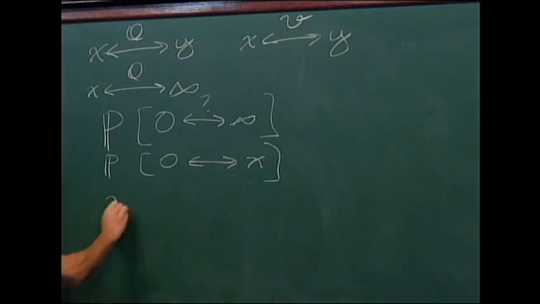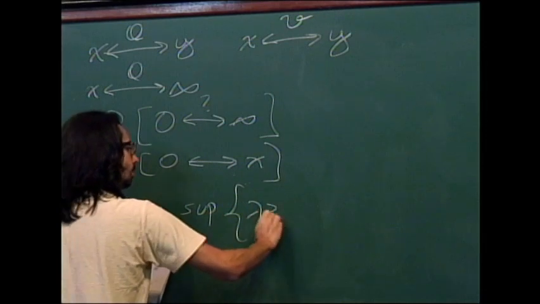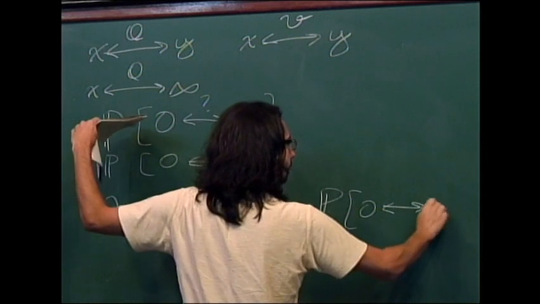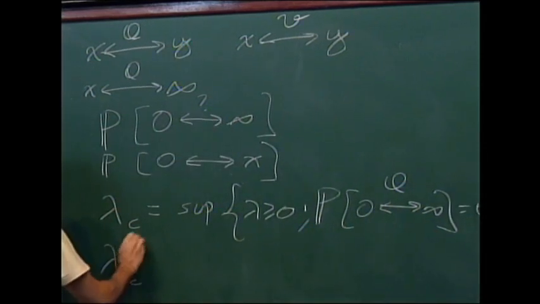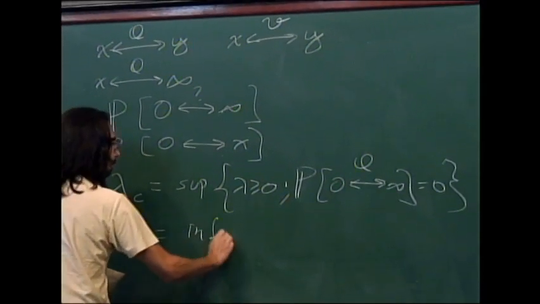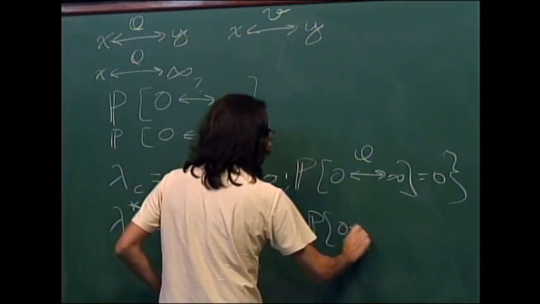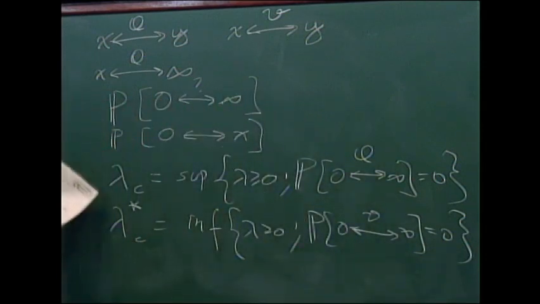And the 2 main definitions that we are going to define, that are the last definitions, I promise, are the critical density lambda. Lambda C is the supremum over all lambdas such that this probability is 0. I'll explain more in a minute. And the same for the vacant. So essentially, as you increase lambda, you are putting more and more balls into the picture.